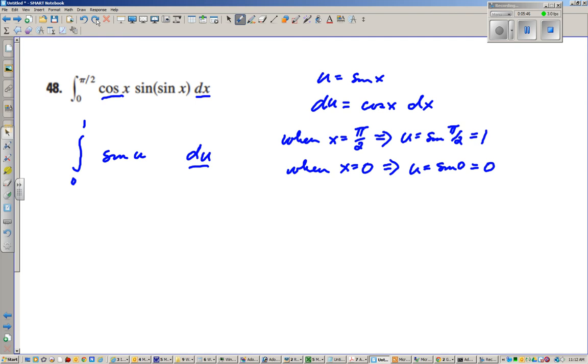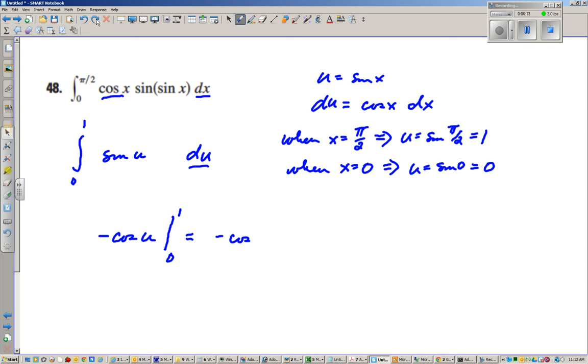So I'm going to write that on the end. And what do I have left? Well, I have left the sine of x, but remember, the sine of x is u. So now, don't I have this rather simple problem, the integral of the sine of u du? So I'm going to take the antiderivative of the sine of u, and that, of course, is negative cosine u.